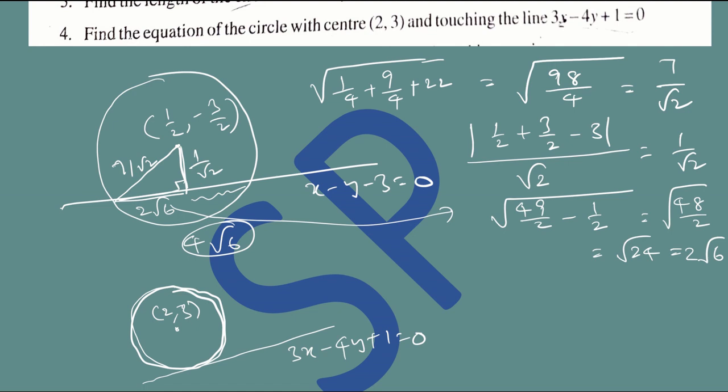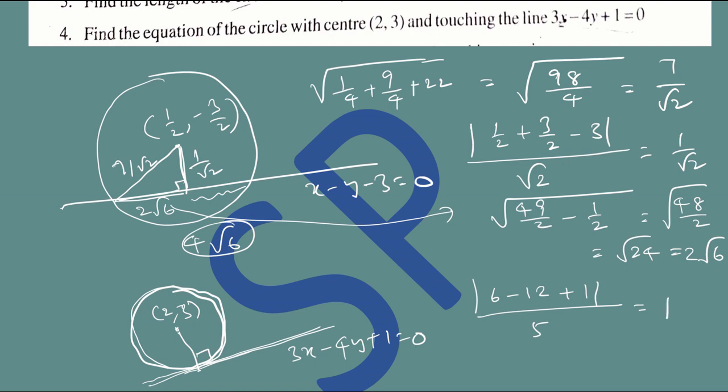We know that to find the equation to the circle, we need center and radius. He already gave us the center. Now we are going for the radius. As it touches, the distance from center to the line is nothing but radius. So applying the distance formula, mod of 3 into 2 minus 4 into 3 plus 1, by root of a square plus b square, I am having this as 1.